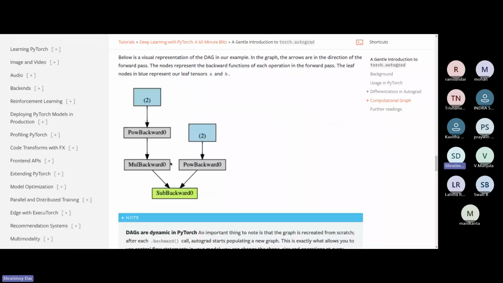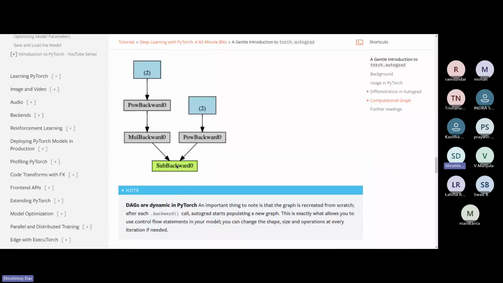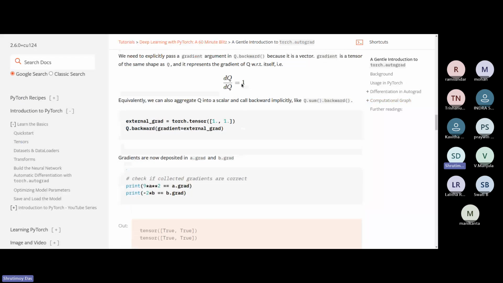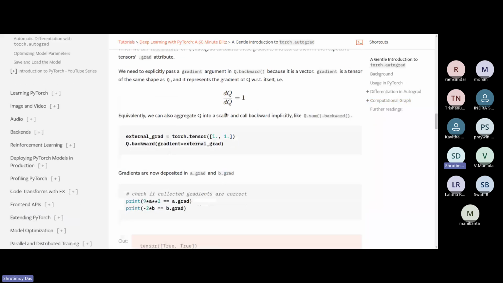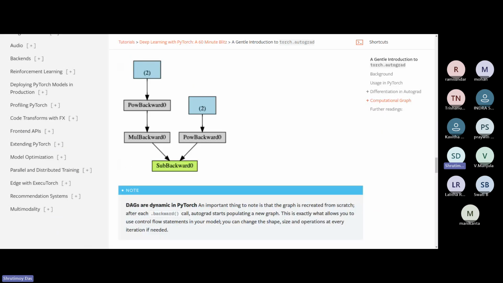How that happens is because here we are doing a basic multiplication, right? 9a square, 9b square. So they have functions written for this, say multiplication backward. What is the backpropagation or derivative for multiplication? What is the derivative for powers and so on?